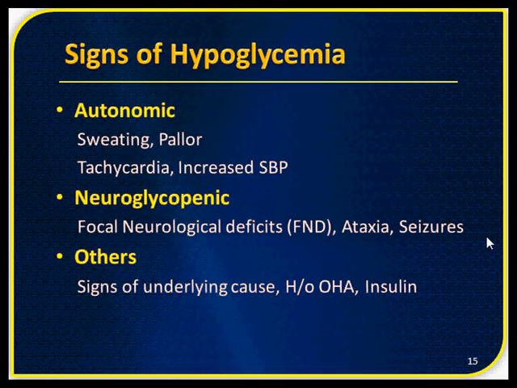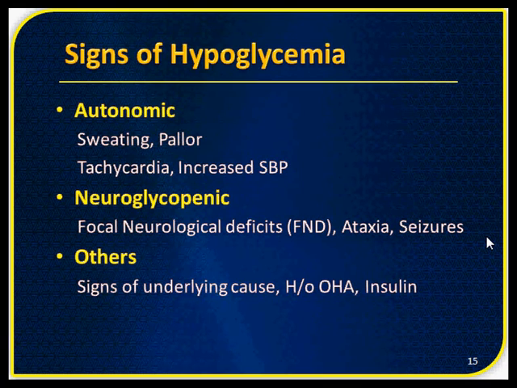Neuroglycopenic signs: focal neurological deficits, there could be twitchings of the face, facial paralysis, monoparesis, or sensory disturbances. Any type of focal neurological deficit can occur. Ataxia, and then seizures. Seizures are very important, particularly if the hypoglycemia is severe, something like less than 40 milligrams of blood sugar.